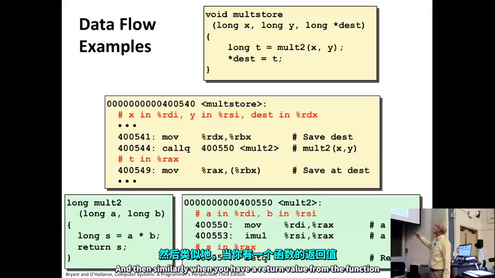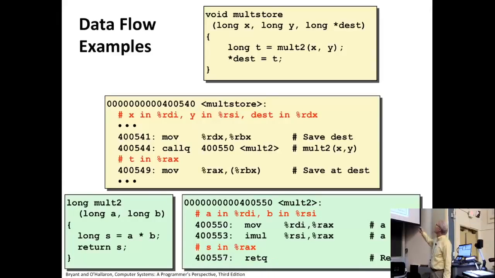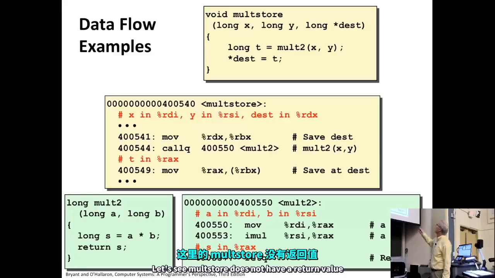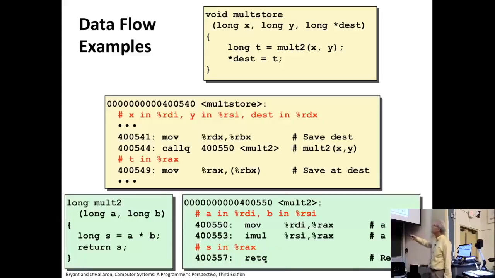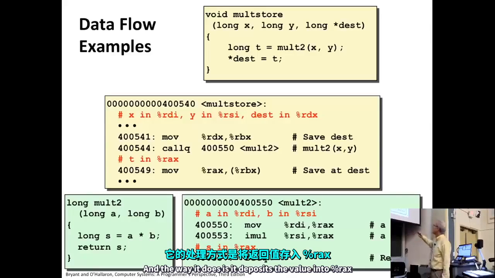And then similarly, when you have a return value from a function, let's see, mult_store does not have a return value, but mult2 does. The way it does this is it deposits the value into RAX.